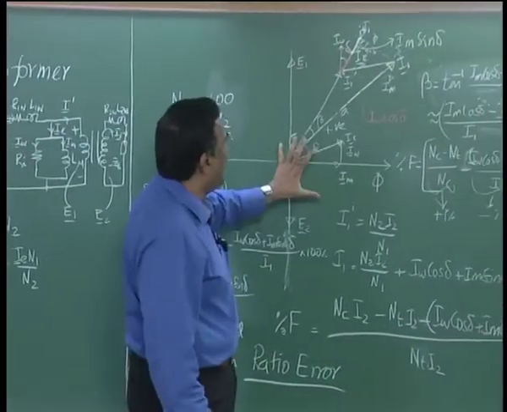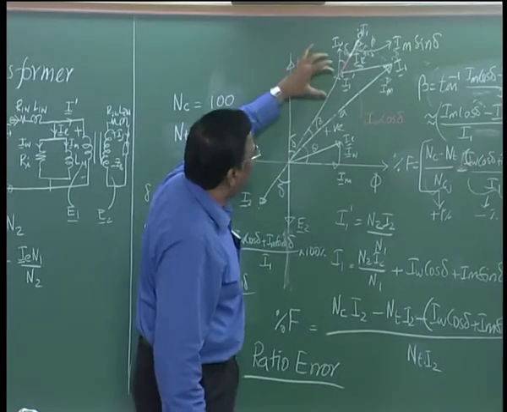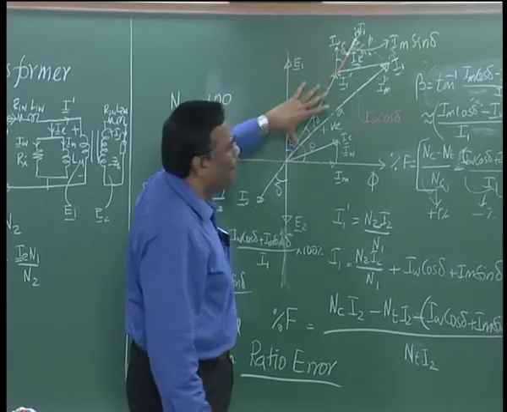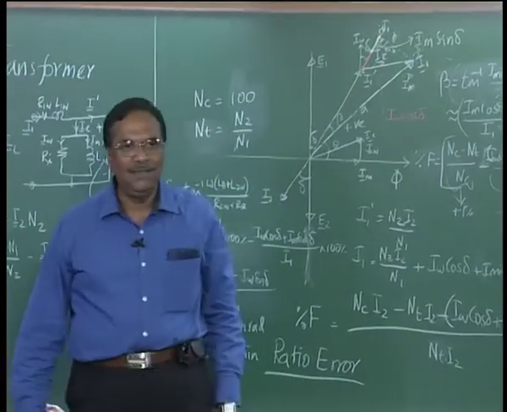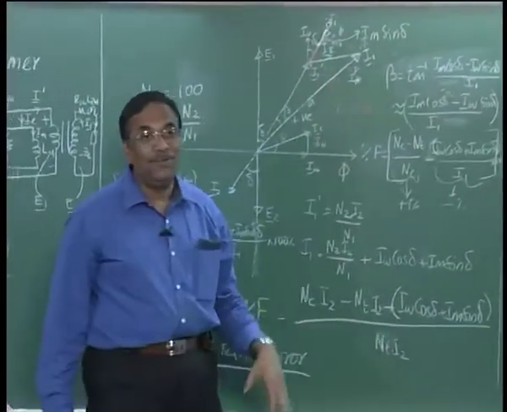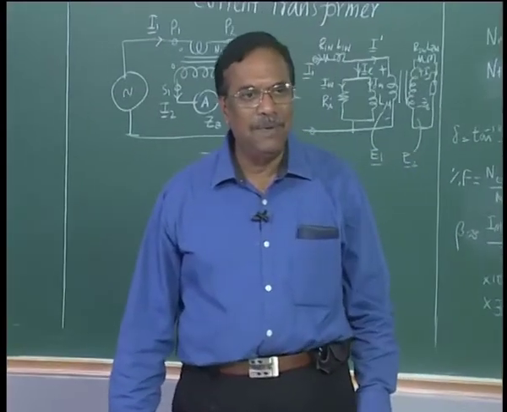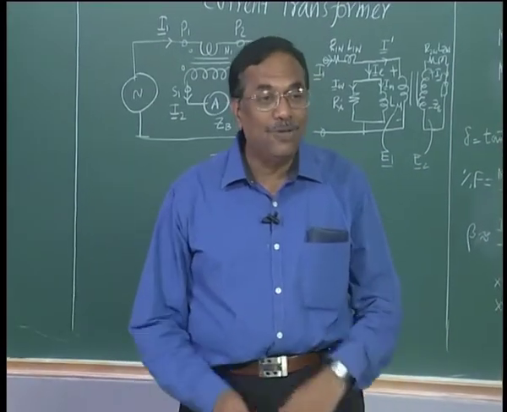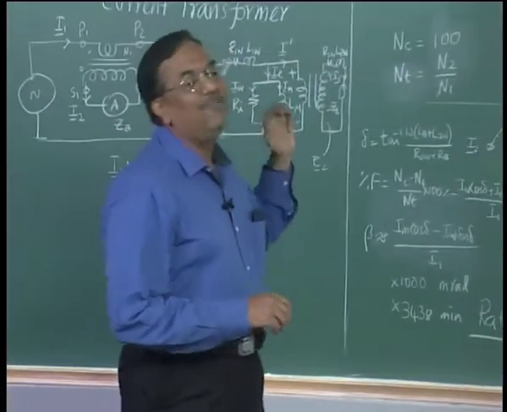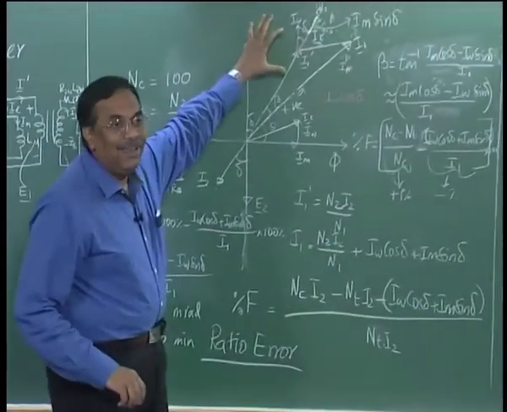Now in the phasor diagram I have shown, this is 1, 2, 3, 1/3 of I1 prime, right. So if I really calculate the error from this phasor diagram, that would be 33% minus 33%. In order to see that the diagram is very clear, I have not drawn it to scale, right.